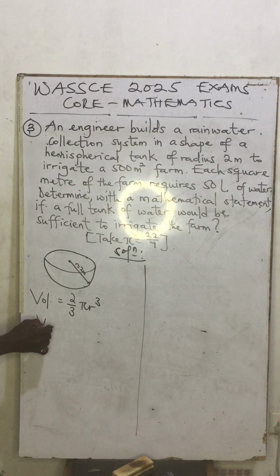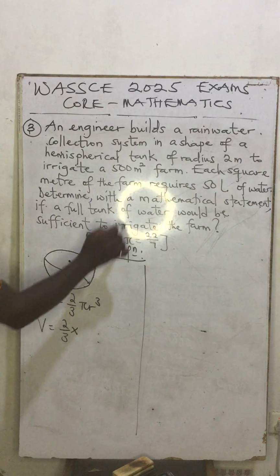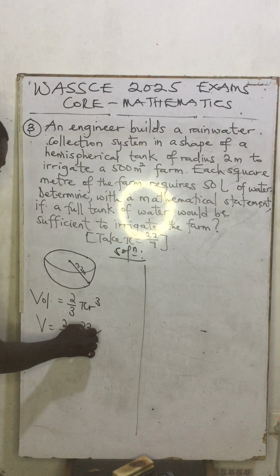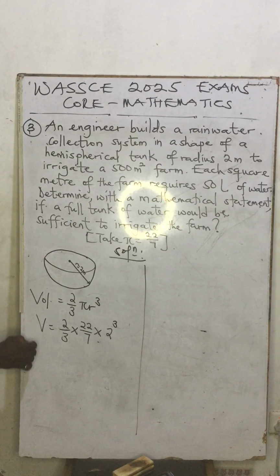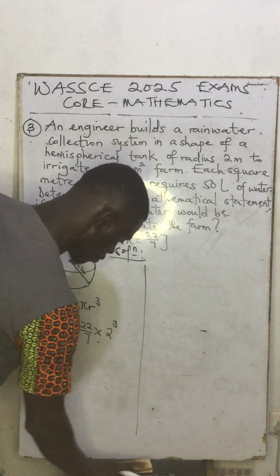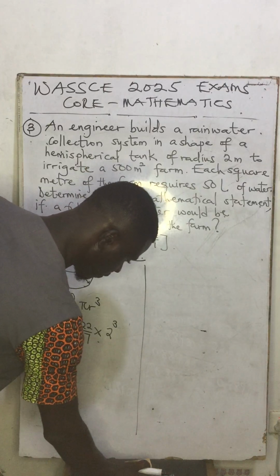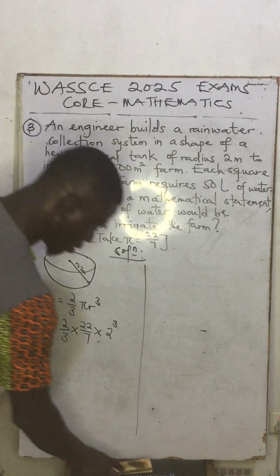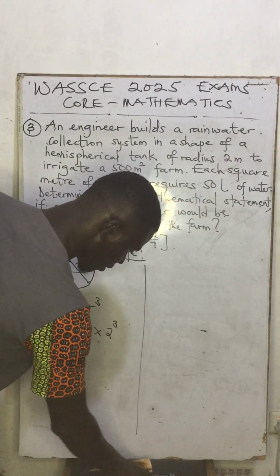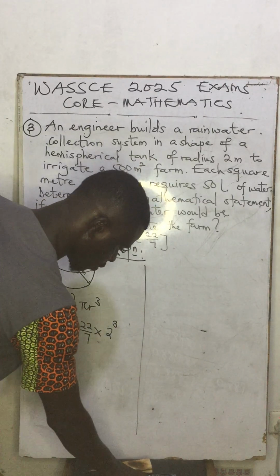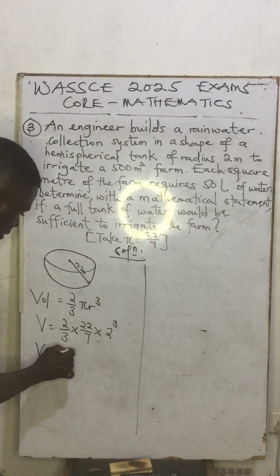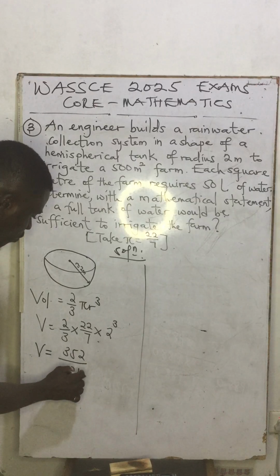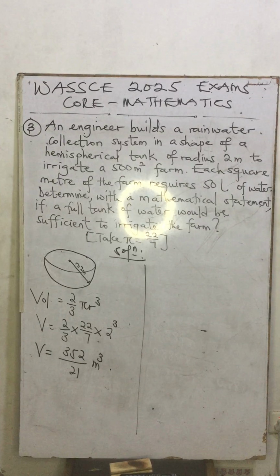Now the volume here is 2/3 times pi, which is 22/7, times the radius 2, exponent 3. So the volume is 2/3 times 22/7 times 2 cubed, and this is just 352/21 meter cube.